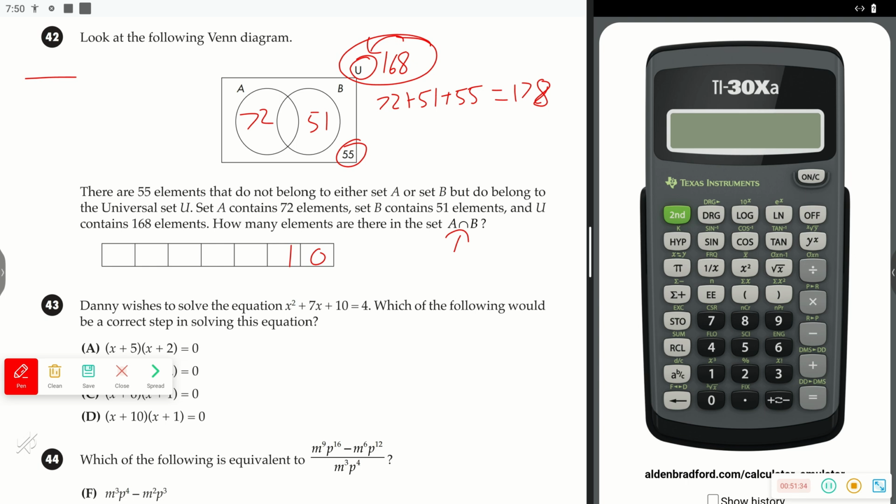I'm going to double check that real quick, but I think it's 10. Number 42. Oh wait, yeah, 42. Yeah, thus x equals 10. So the correct answer is 10. That was correct.